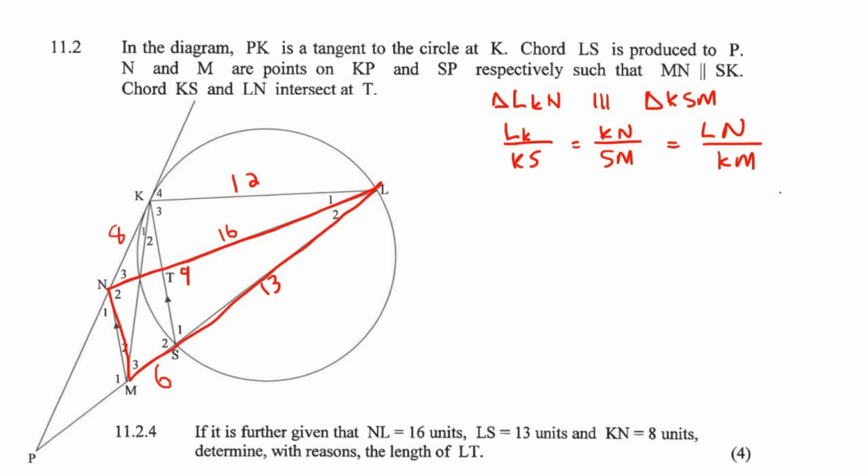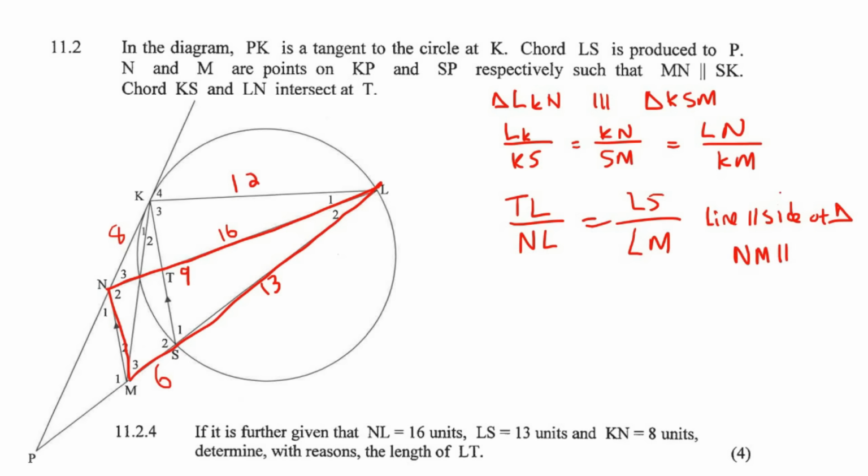Let's actually start with TL. So we can say TL over the whole length of NL, which we do have, is equal to LS over the whole of its length, which is LM. So I'm just using the proportionality theorem there. And the reason you can give is line parallel to side of triangle, and that is because NM is parallel to TS.